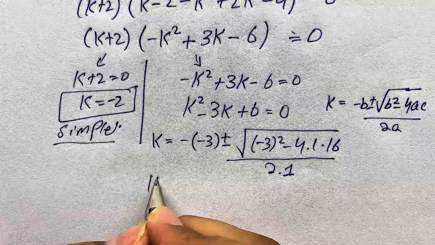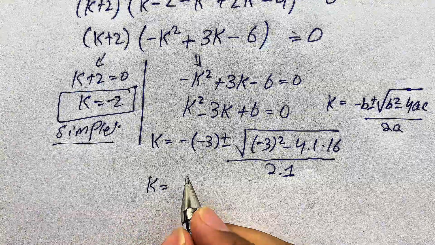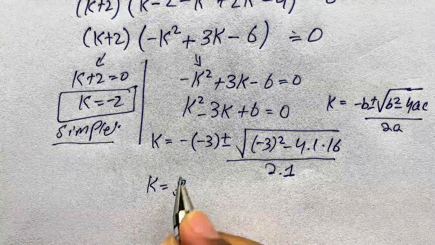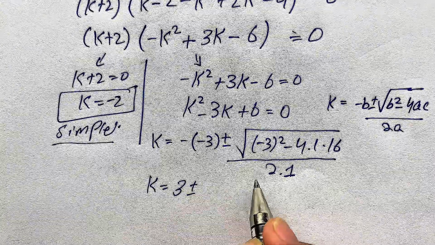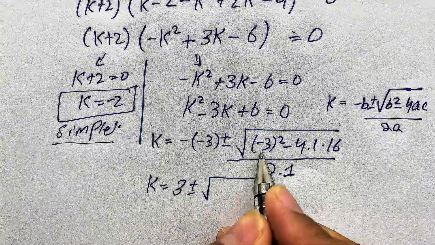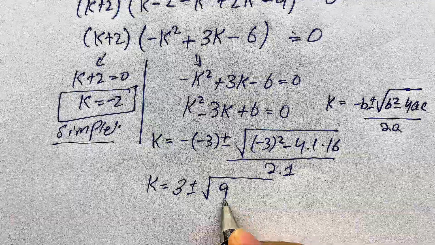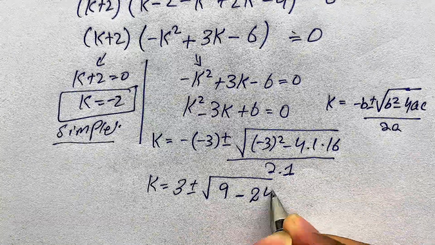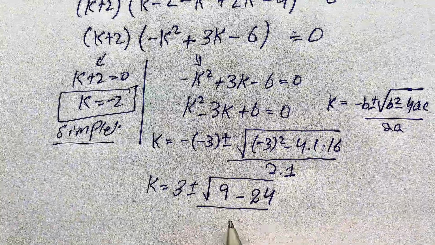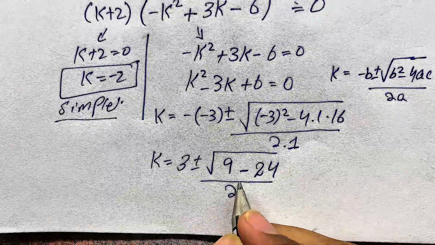So k = (3 ± √(9 - 24)) / 2. 3^2 is 9, minus 24, divided by 2.